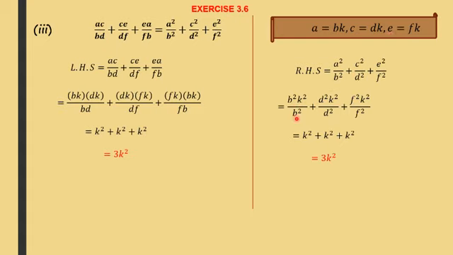B square cancels with B square, we have K square. D square cancels with D square, we have K square. F square cancels with F square, we have K square. K square plus K square plus K square means 3K square. Right hand side is equal to 3K square. Left hand side is equal to 3K square. So left hand side is equal to right hand side, which is our final answer.